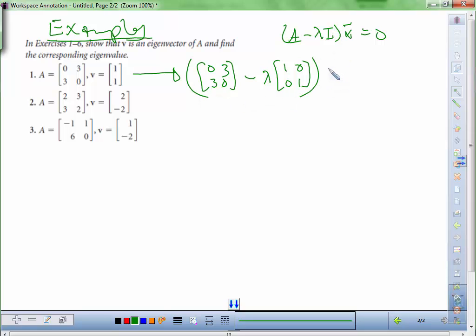And then we want to simplify that and then apply it to the eigenvector that's given to us. And I guess this should be the 0 vector.